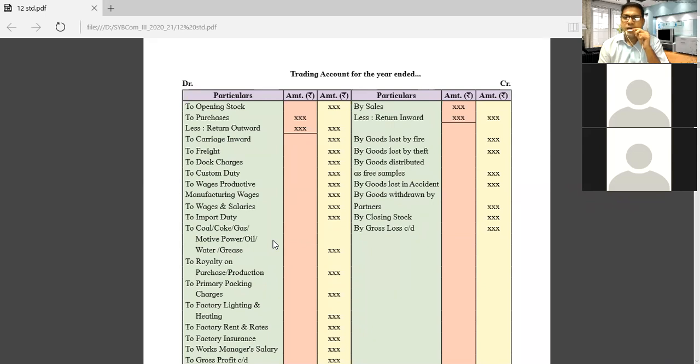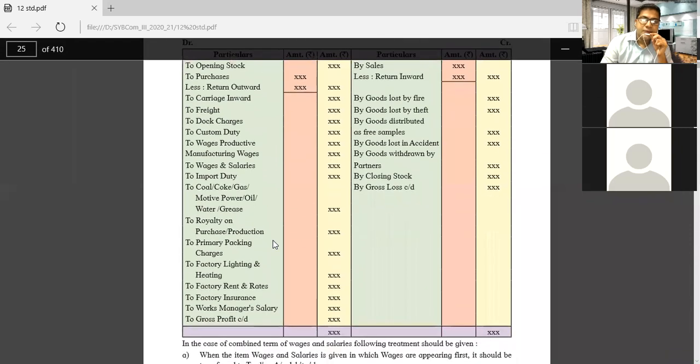After that we close the trading account, and we get gross profit. The balancing figure will be gross profit, and sometimes we will suffer gross loss: gross profit or gross loss.